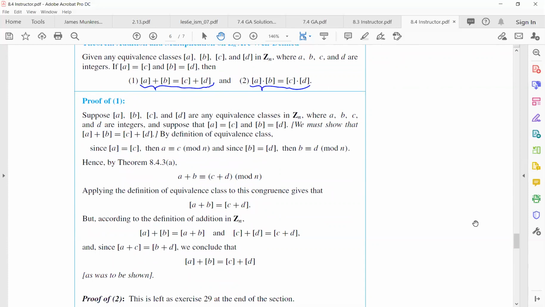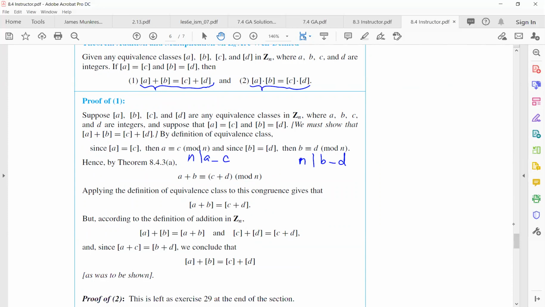Proof. Okay, perfect. So suppose you have these four equivalence classes, and a, b, c, d are integers, and suppose you have the condition. Very well. The equivalence class of a is equal to the equivalence class of c. It means that n divides a minus c. The equivalence class of b is the same as the equivalence class of d. It means that n divides b minus d. We can use the properties and lemma that we learned before.